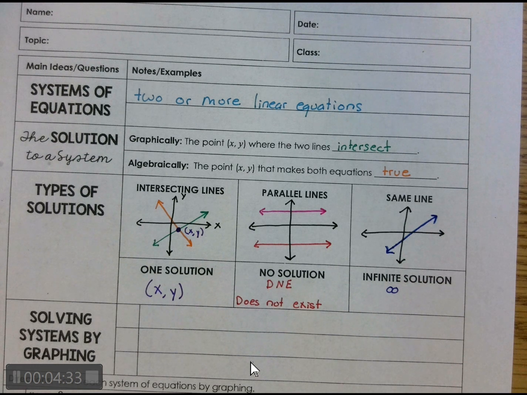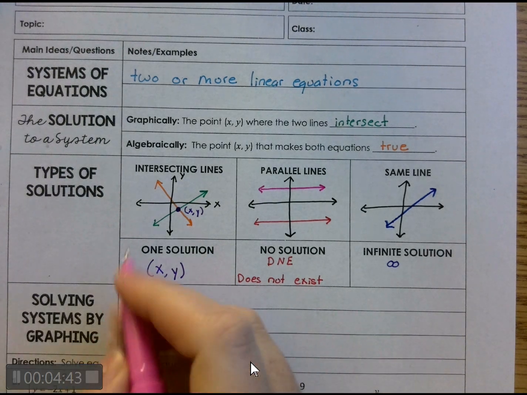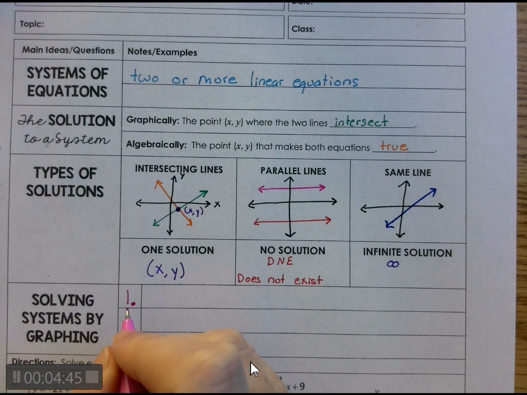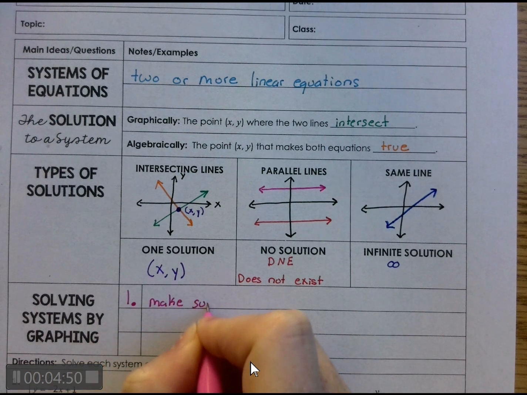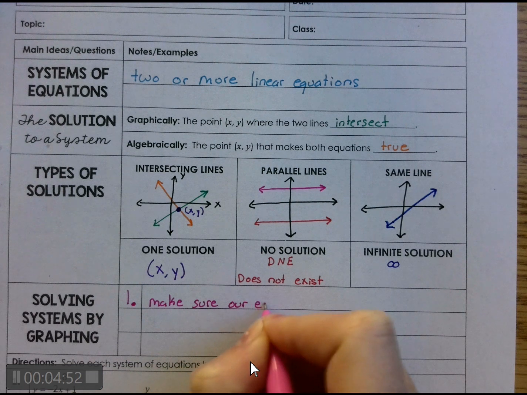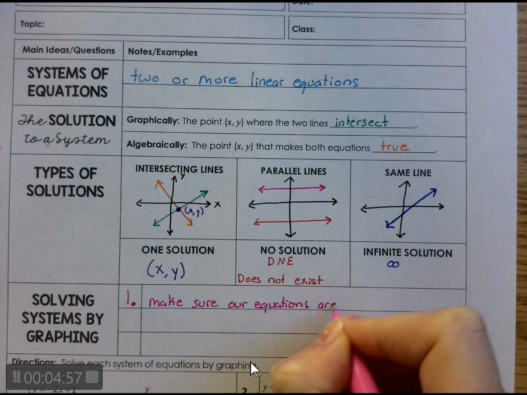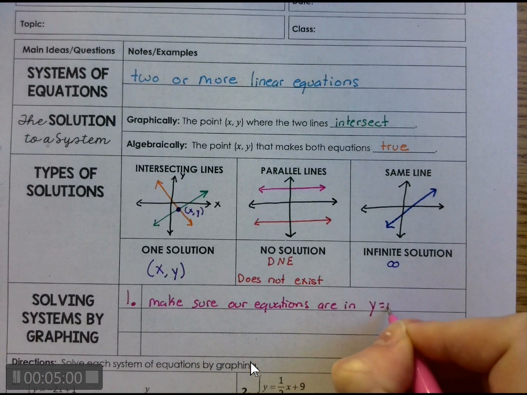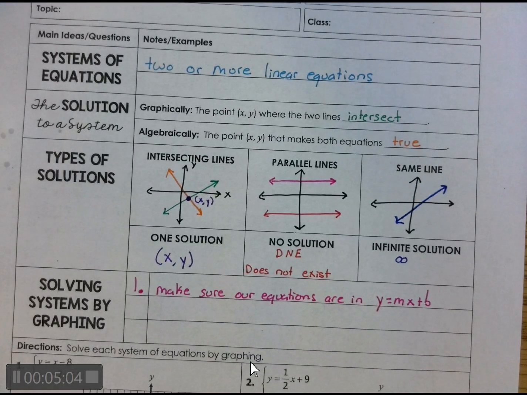Alrighty, so now that we have gone through our types of solutions, we're going to learn how to solve our systems by graphing through three steps. So our first step is to make sure our equations are in y equals mx plus b, which is, of course, our standard form for linear equations.